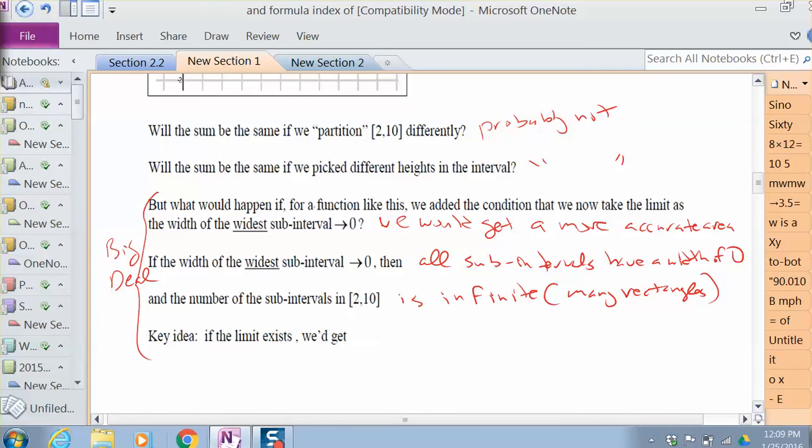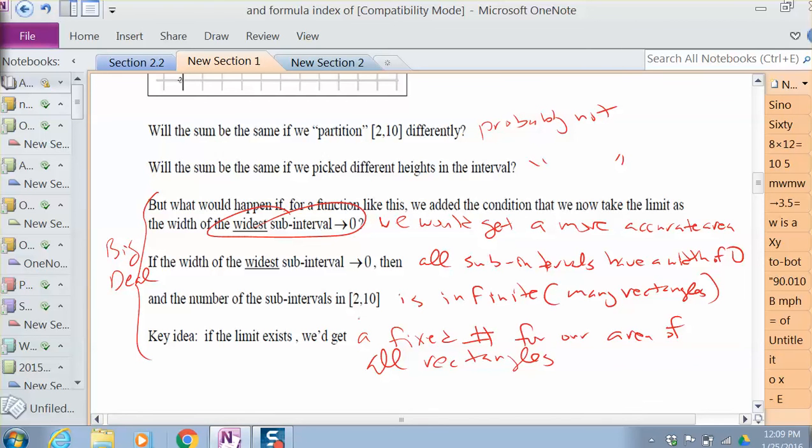So we're referring to this limit, where basically delta x is approaching 0. Then we get a fixed number for our area of all rectangles, because as I said, we get a more accurate area, and so we eventually would converge on that.